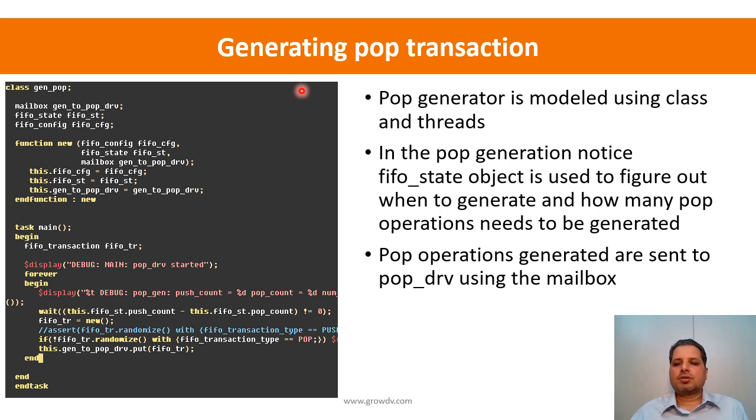From the mailbox, it was accepted by the driver, and the driver drives that particular transaction on the push interface. So we saw that complete cycle and all the components that are involved in that particular processing. The only thing open over there is where we instantiated those components and how we connected all of them. That part is still open, we will look at it.